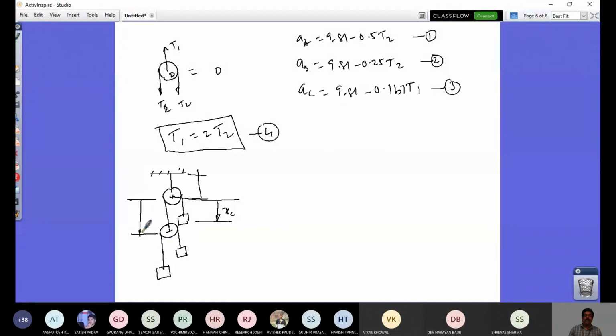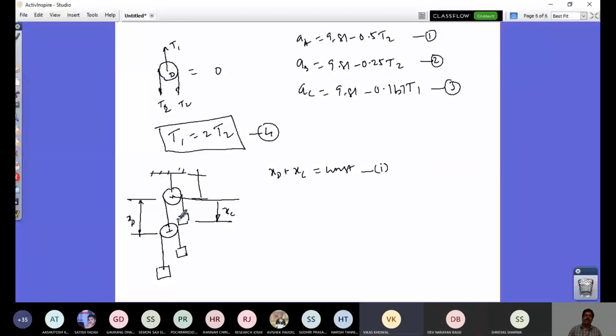So xc plus xd is what is constant, right? xd plus xc is what is constant. That's one equation. So let me call that as a small Roman letter 1.